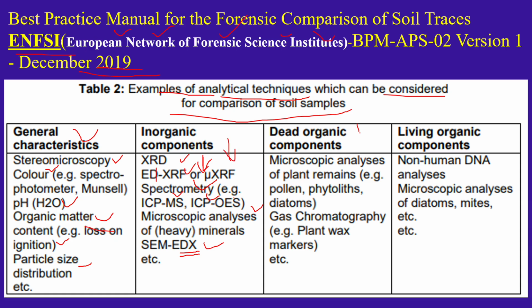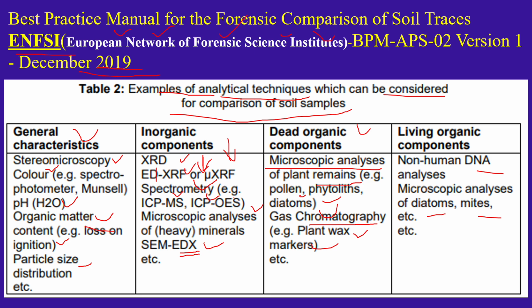And for the dead organic component that may be present in the soil samples, this may be microscopic analysis of plant remains like pollen and diatoms, and gas chromatography for plant wax or markers, for the comparison of the two soil samples. For the living organic component, non-human DNA may be present, such as diatoms, mites, etc. This can be used as per the requirement.